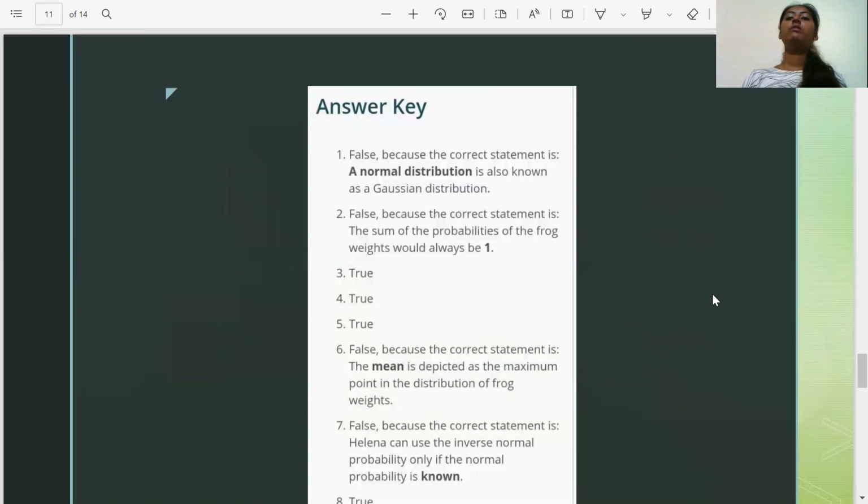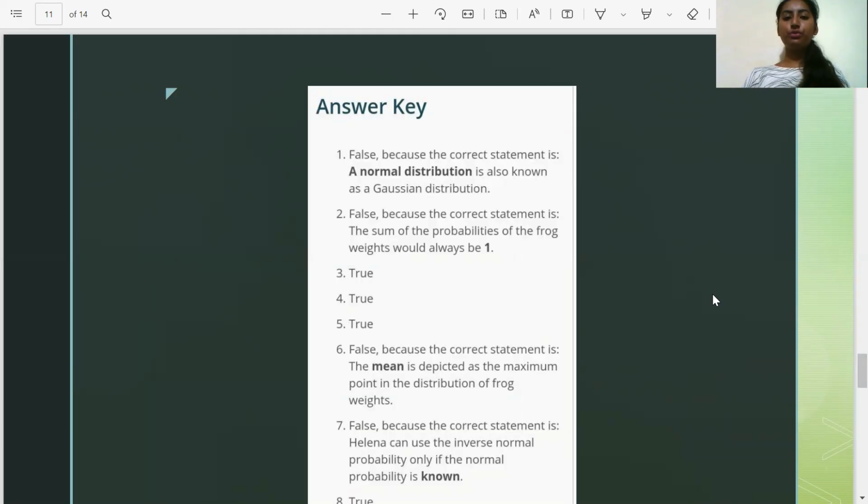Answers. False, because the correct statement is a normal distribution is also known as a Gaussian distribution. False, because the correct statement is the sum of the probability of the frog weight would always be 1.